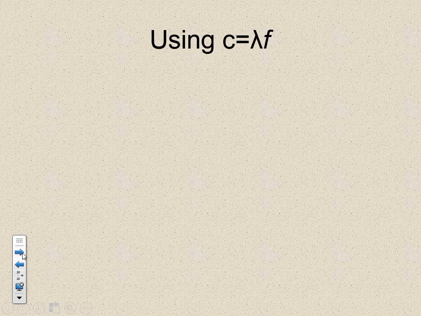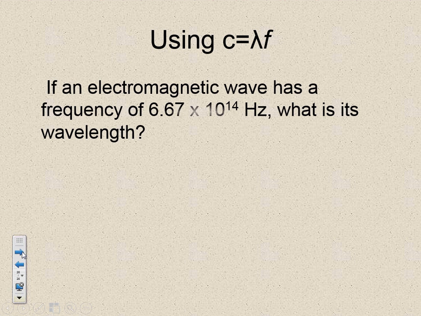So your first equation is C equals lambda times F. And the wording is if an electromagnetic wave has a frequency of 6.67 times 10 to the 14th, what is its wavelength?